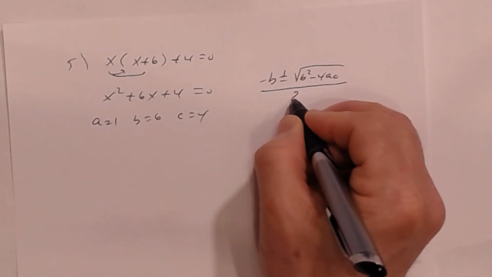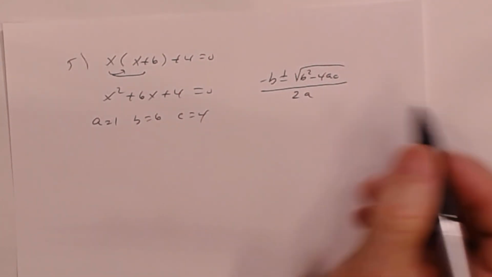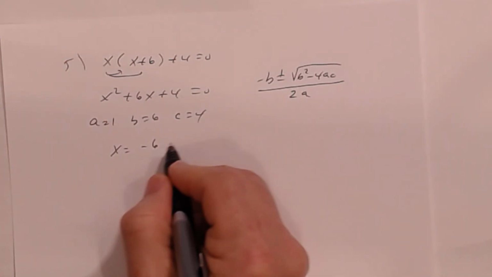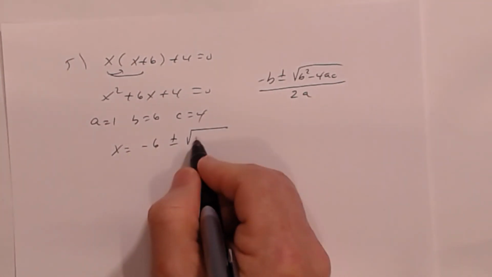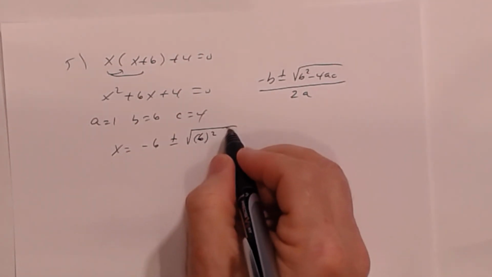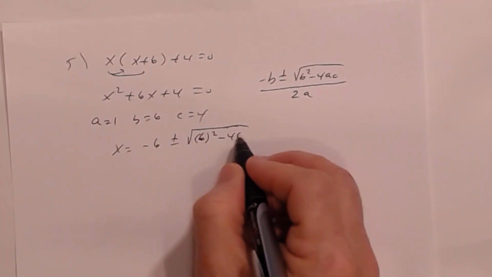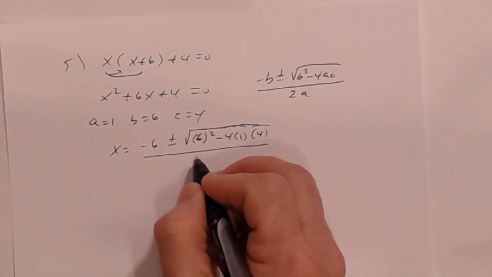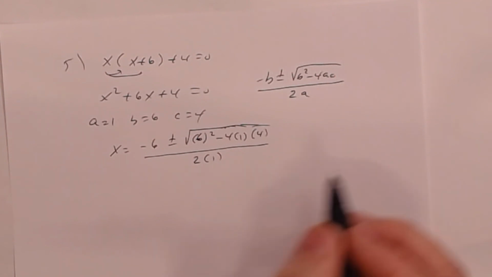And it's just a matter of taking these values and substituting them into the quadratic formula. So I get x equals the opposite of b, so negative 6, plus or minus the square root of 6 squared, minus 4 times a, which is 1, times c, which is 4, all divided by 2 times 1, right?